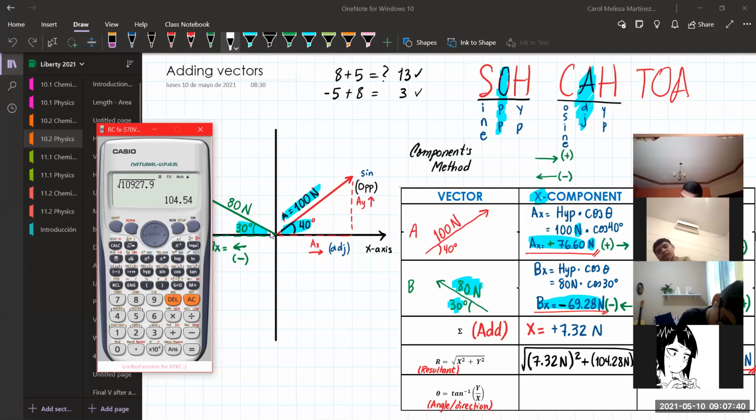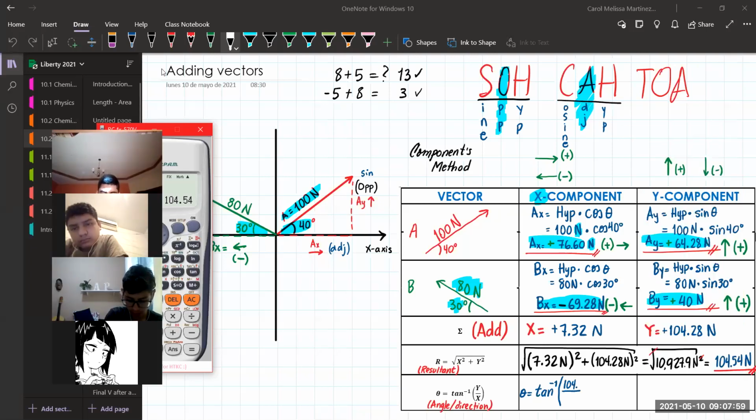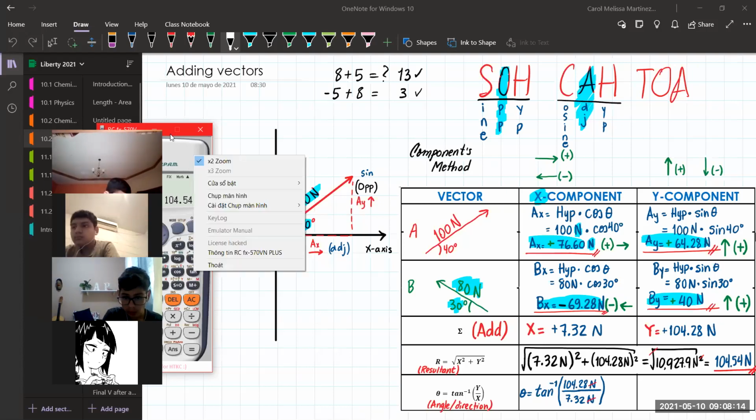So you say the angle is equal to arctangent of y divided by x. Y, that is 104.28, divided by x, that is 7.32 Newton. With this, you cancel Newton and Newton, and you apply the formula in the calculator.